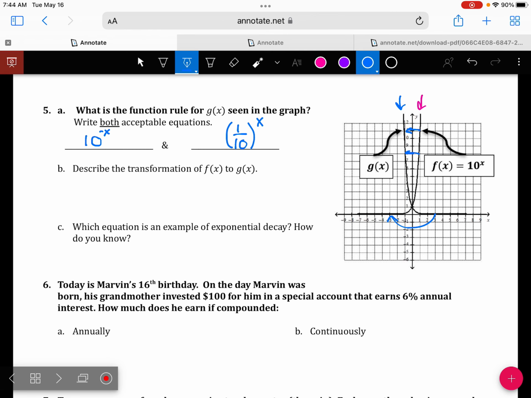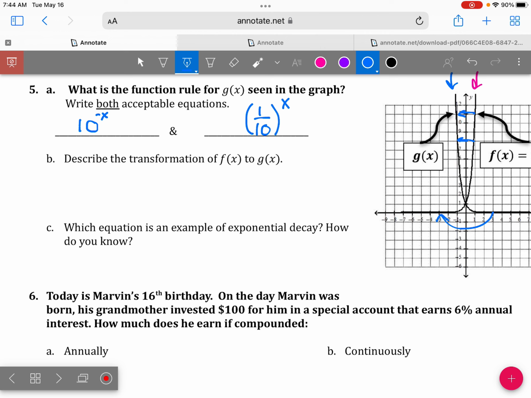Because this had that reflection across the y-axis, and this is one of the only times we had that. It spun around the y-axis.